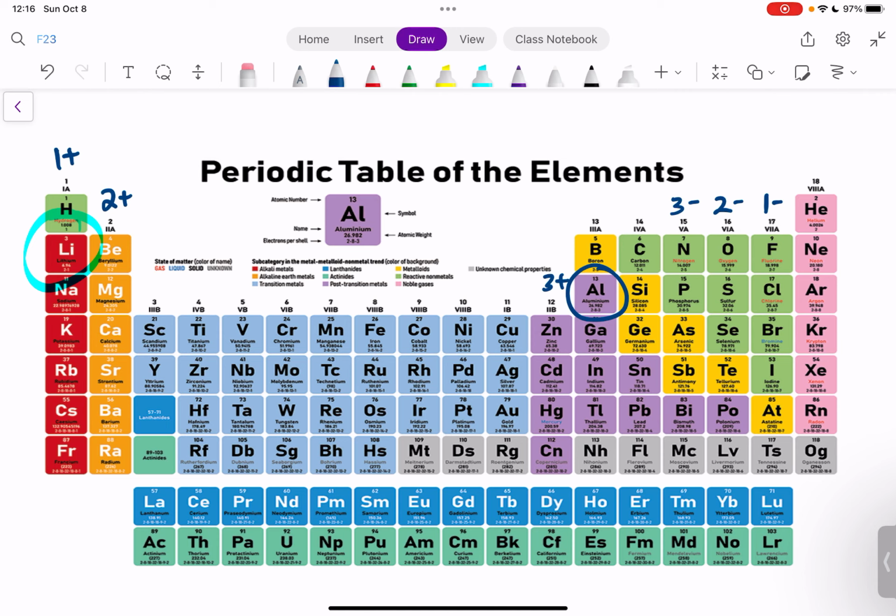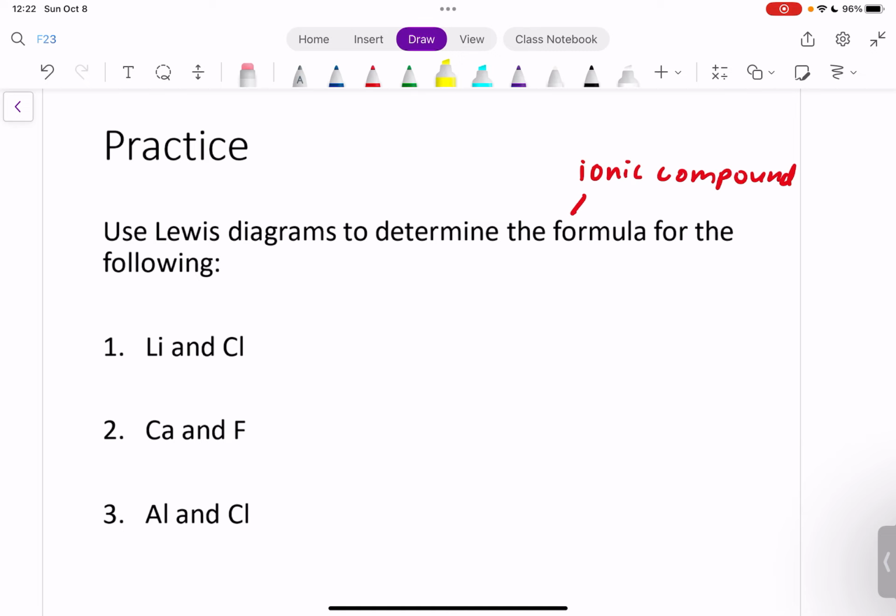So lithium is going to form a 1 plus ion when it forms an ion. That's our cation. Chlorine over here, when it forms an anion, is going to form a 1 minus charge anion. So already we have a hunch about what this compound might look like.